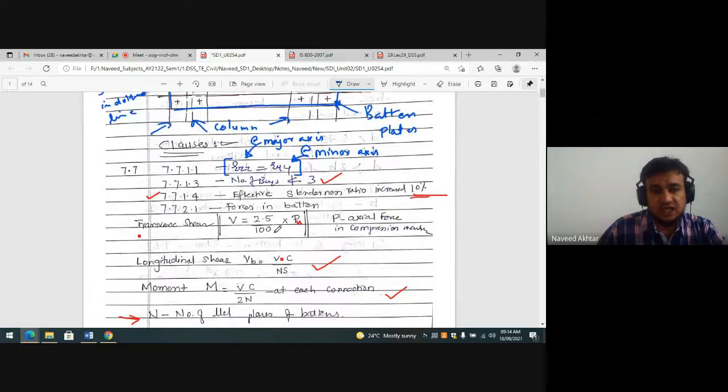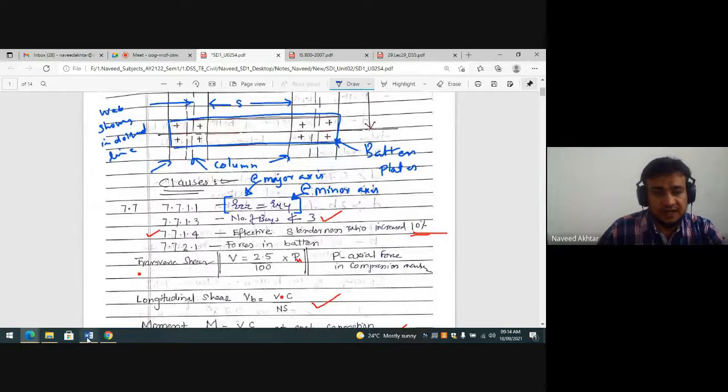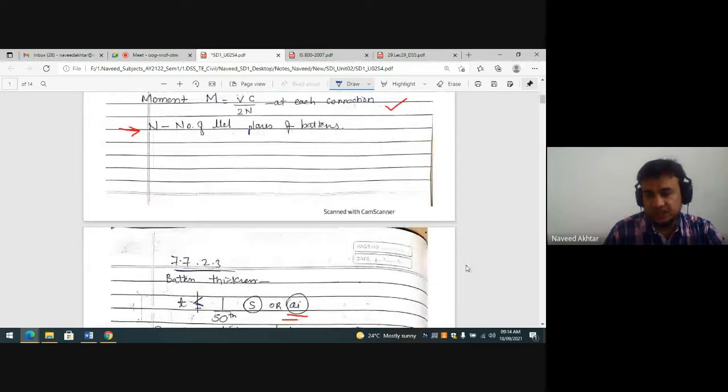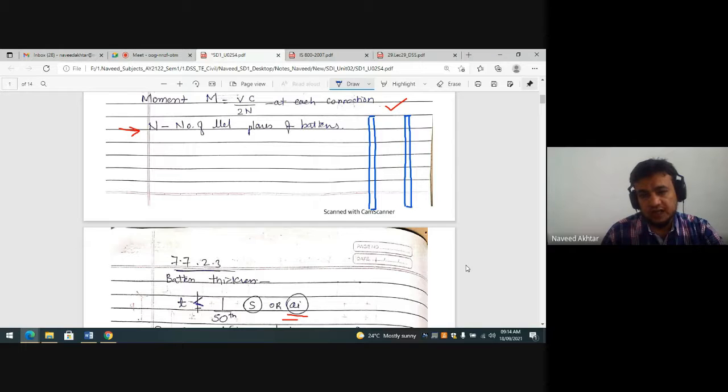Then the number of bays in the battening system. If this is the length of your column, I am showing two columns, and we are joining them with batten plates.